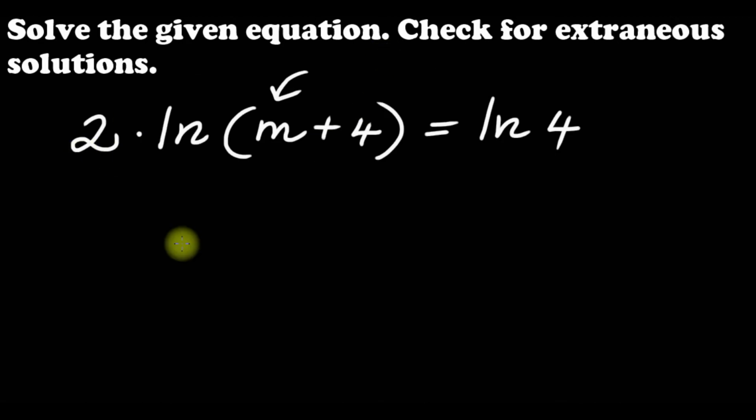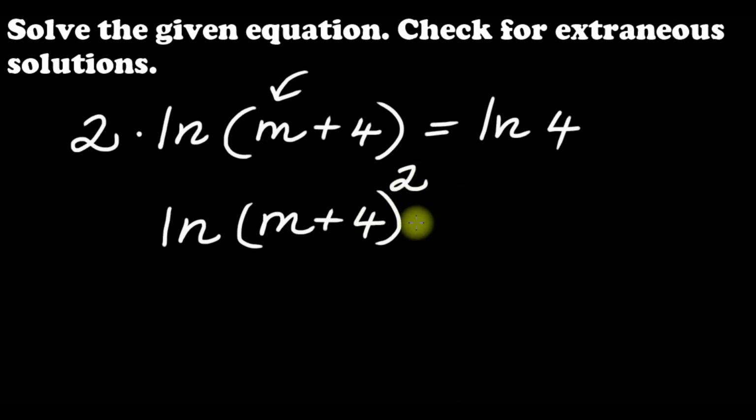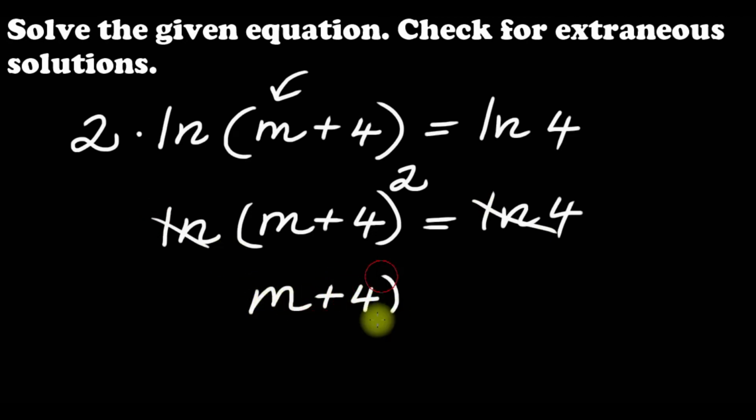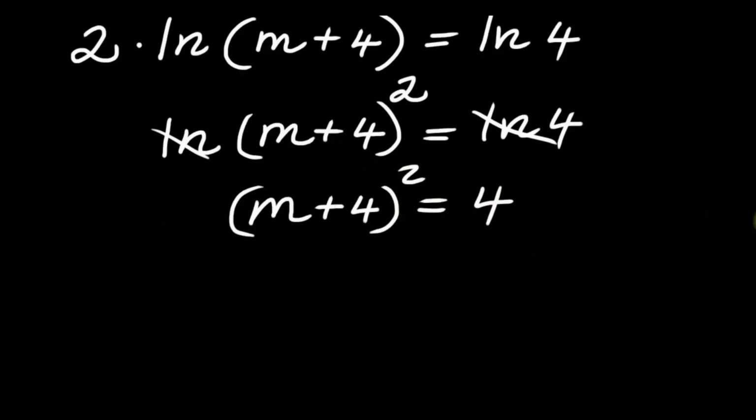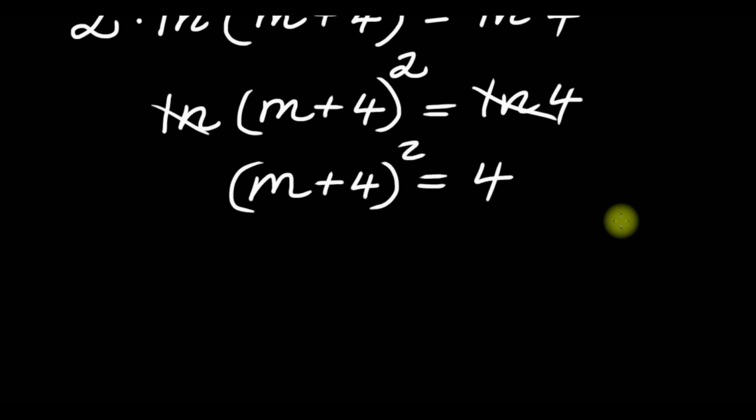Okay, so the coefficient 2 is an exponent. So you have ln of x plus 4 squared is ln 4. Okay, you can take out the ln. So you have x plus 4 squared is 4.